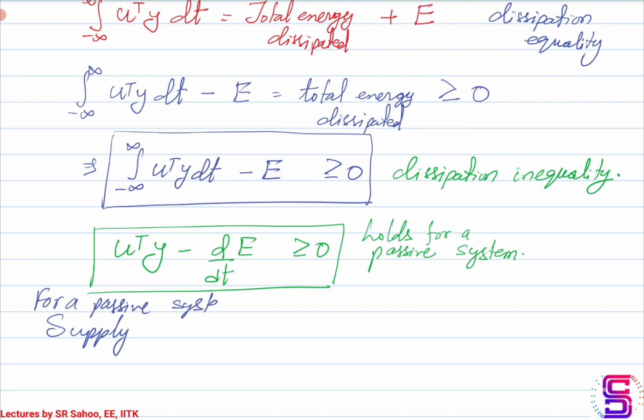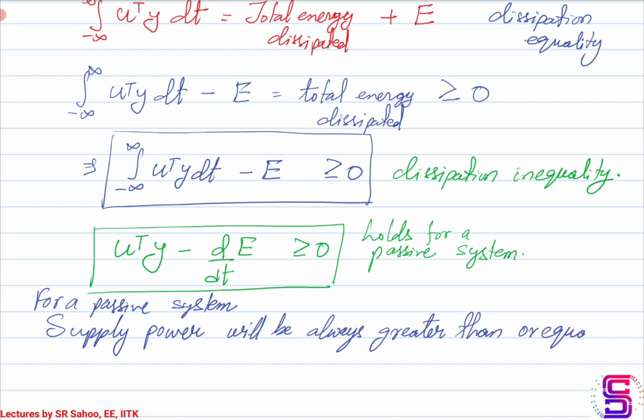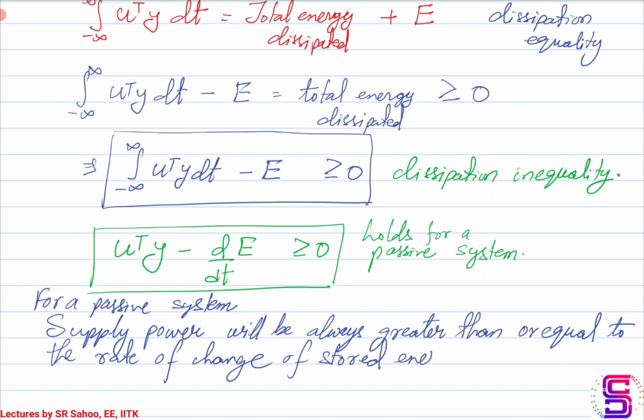Okay, so this is what the inequality is essentially stating, that for a passive system, the supply power will always be greater than or equal to the rate of change of stored energy in the system.